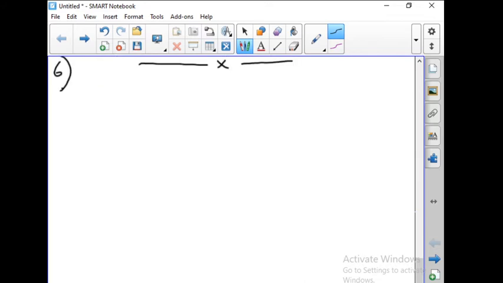Find the equations of the tangents to the curve y is equal to 1 plus x cube, for which the tangent is orthogonal with the line x plus 12y is equal to 12. Okay. So now this line you bring it to the form y is equal to mx plus c.